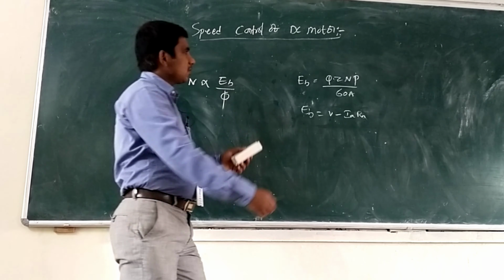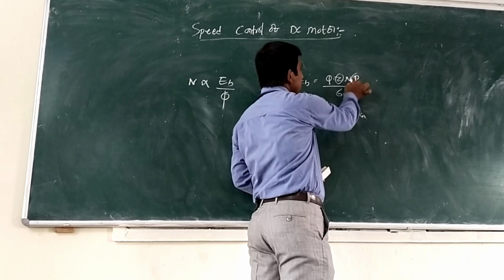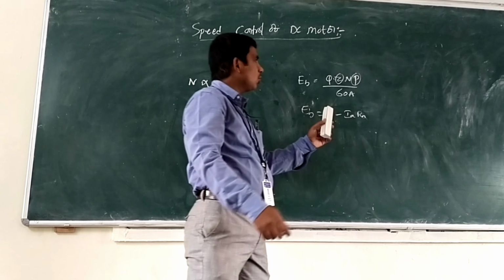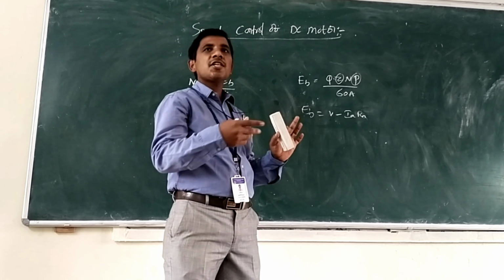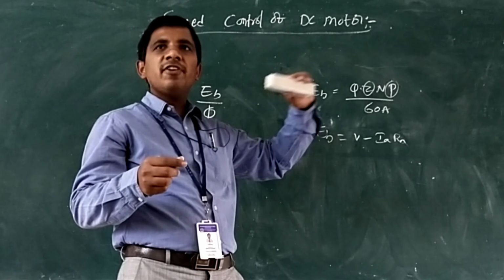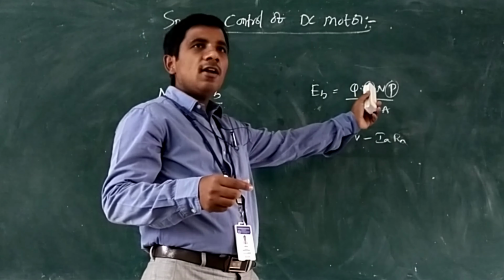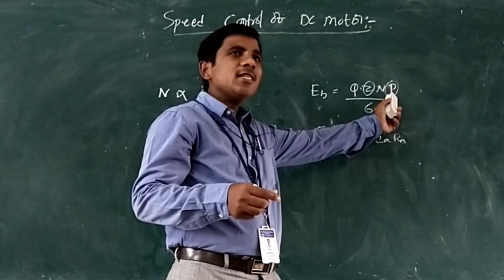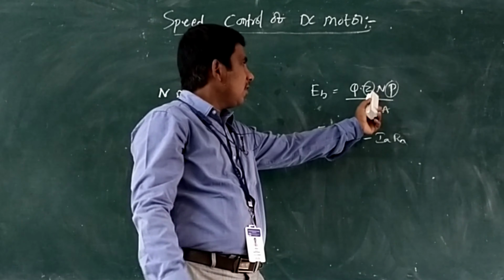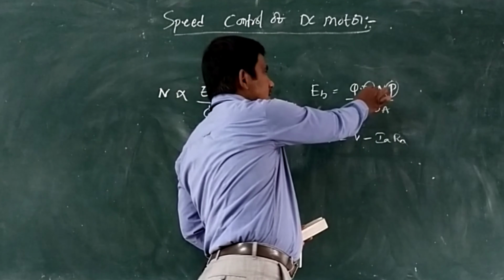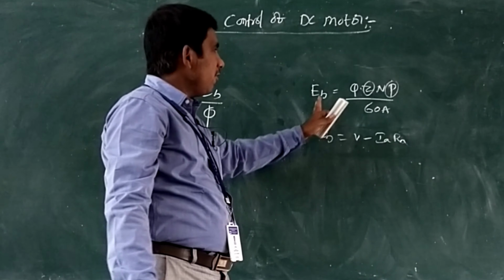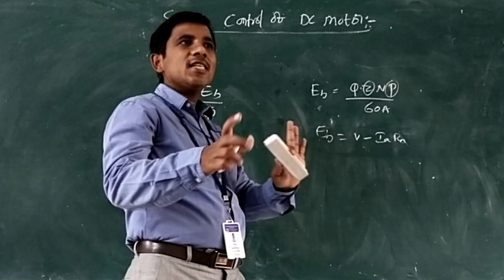There are two variables. This is constant, and this is also constant, because in any DC motor the number of conductors Z is constant. By the method of construction, the number of conductors is fixed and will not alter. Poles are also fixed, that means constant. N is the speed variable. Flux also varies, because the field winding current produces the flux.